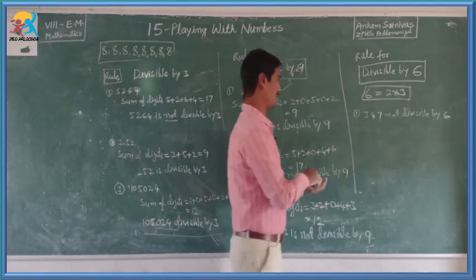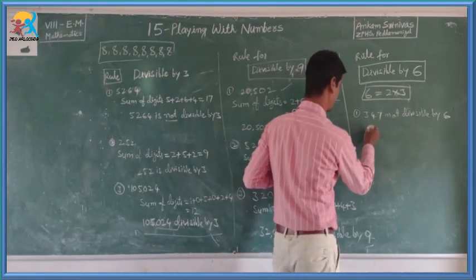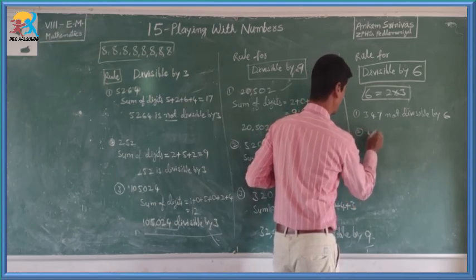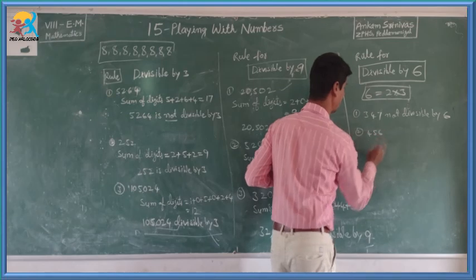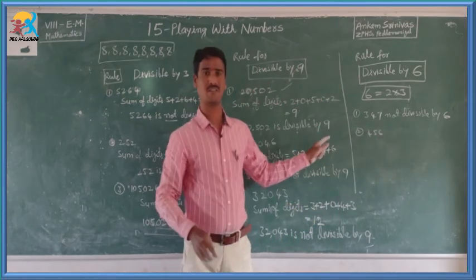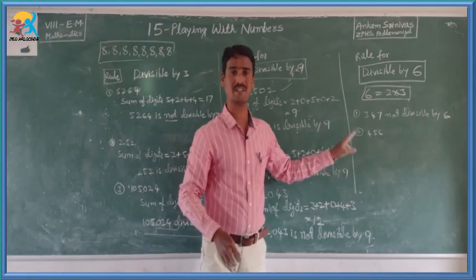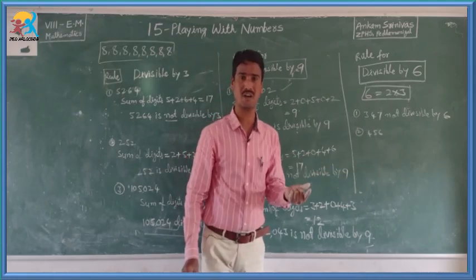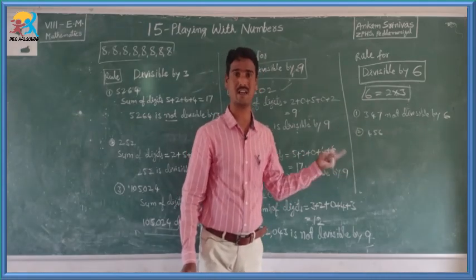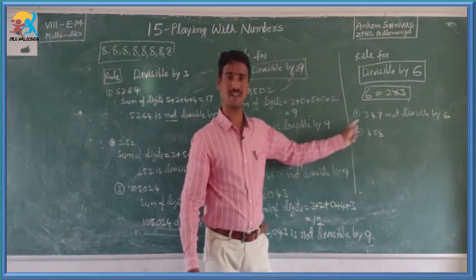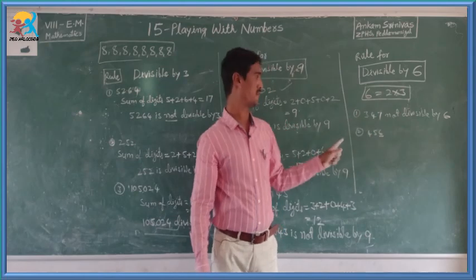Suppose the second problem, 456. To check whether 456 is divisible by 6 or not, first check whether the given number is divisible by 2 or not, and divisible by 3 or not. The unit digit is 6, so the given number is divisible by 2.